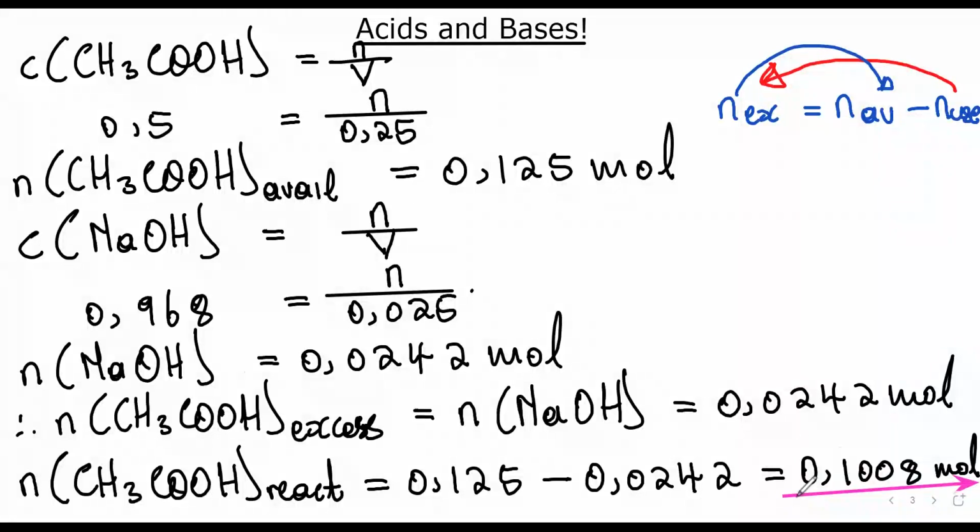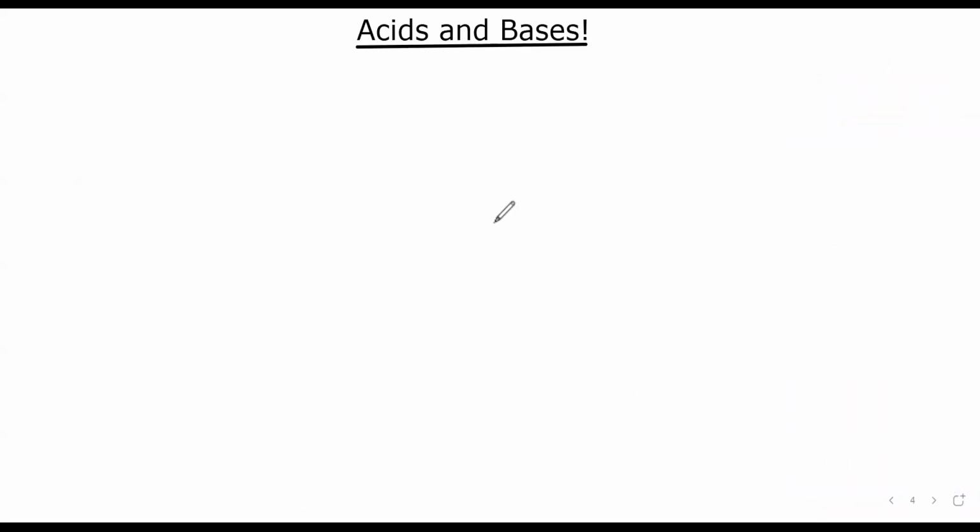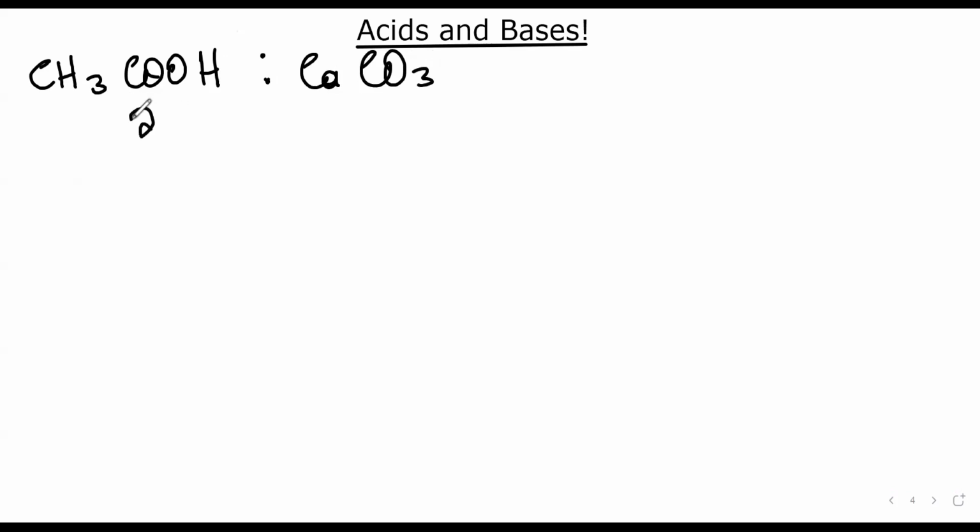But then you're not going to use them as they are because they are not really in a ratio of 1:1. It is a 2:1 ratio. So that's what you're going to tell us. You tell us that the relationship between acetic acid and calcium carbonate is a 2:1 ratio.